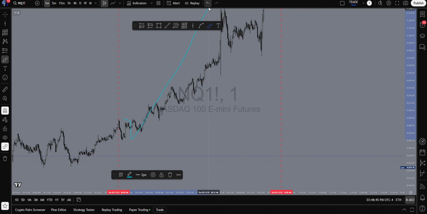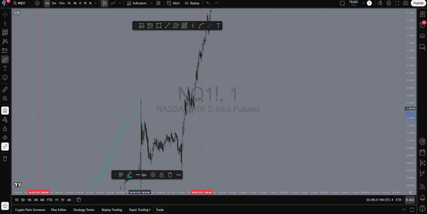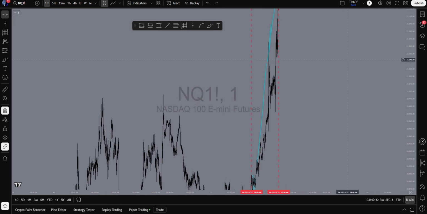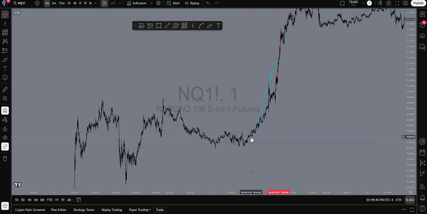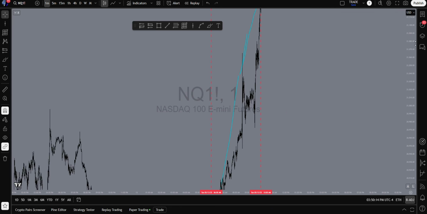And then we distributed all the way up here. We just keep on continuing. This is sloppy. We notice this wick right here. We created our high, and then we went back down and ended up closing in this zone right here. As you can see by zooming out, we have our open, low, high, and then close. So there's our example for the 4-hour.